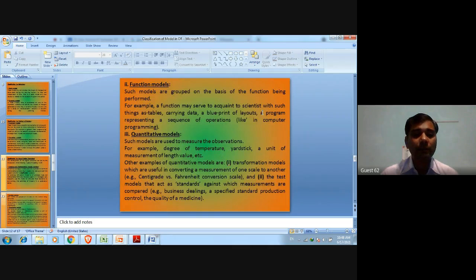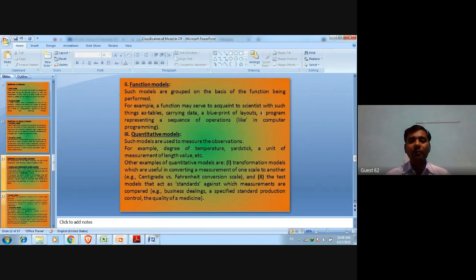The next one is the function model. Such models are grouped on the basis of the function being performed, meaning these models are groups of many models according to their functions. For example, a function may serve to acquaint scientists with such things as tables carrying data, a blueprint of layouts, or a program representing a sequence of operations, like in computer programming. I told you that operations research was not made by any single person.